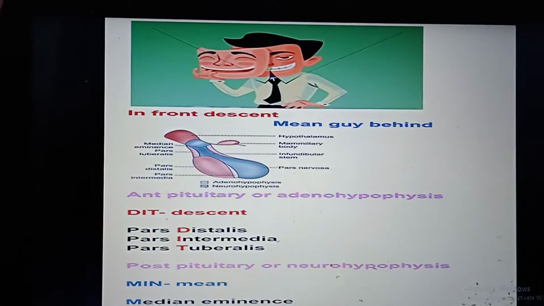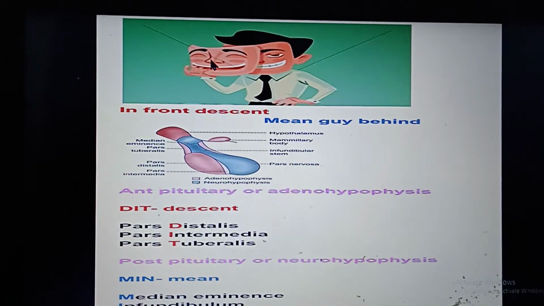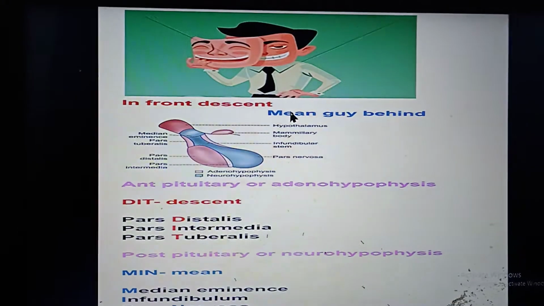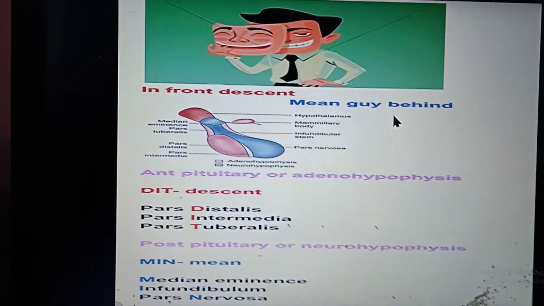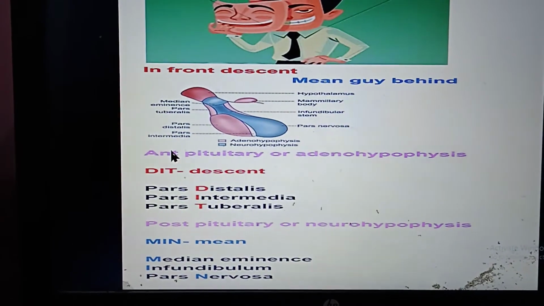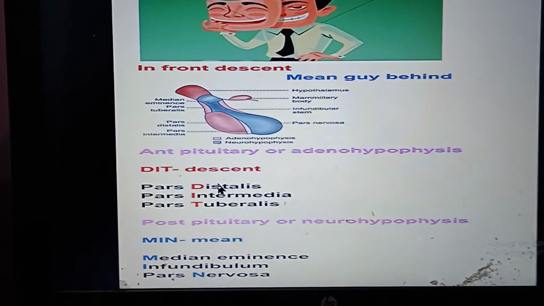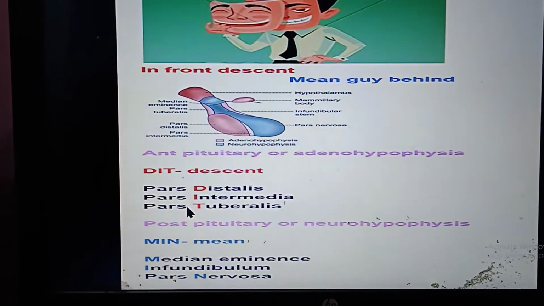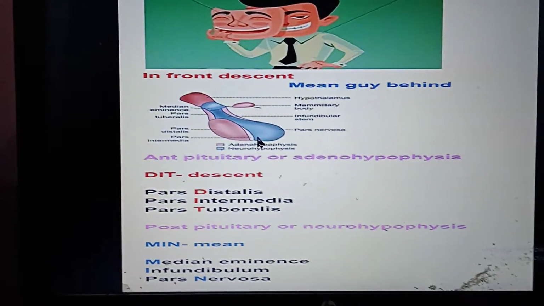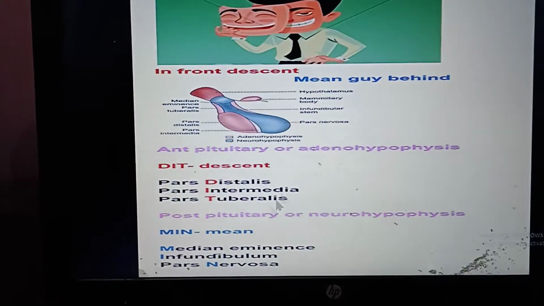Look at this guy. In front he is decent, but actually he is a mean guy. So the mean guy is behind. The parts of the anterior pituitary, as it is anterior, are decent: distalis, intermedia, and tuberalis. Where is the posterior pituitary? That is behind. It's the mean guy.